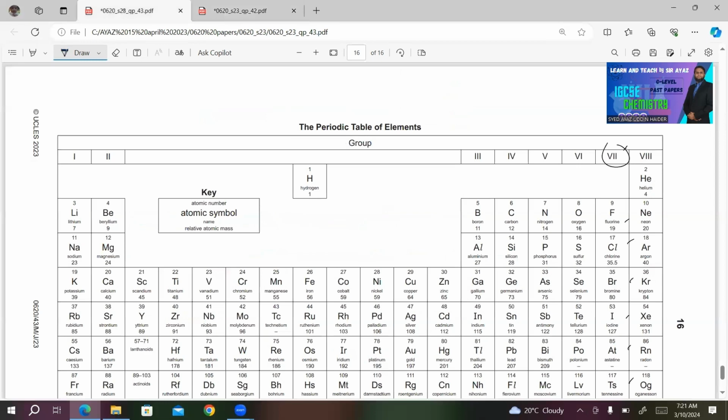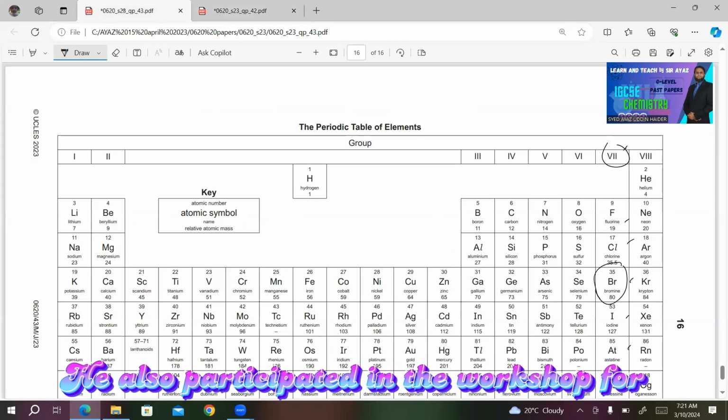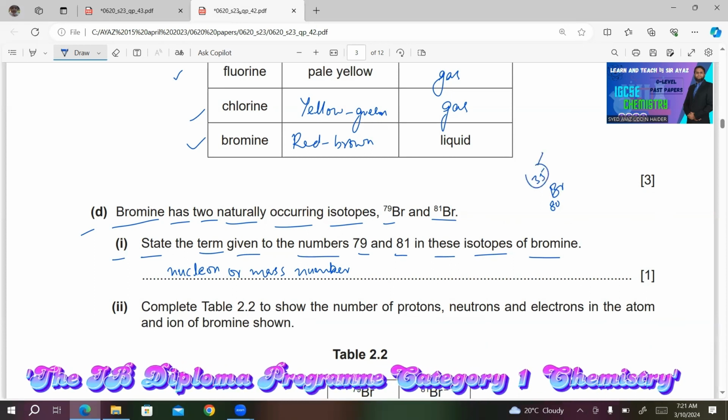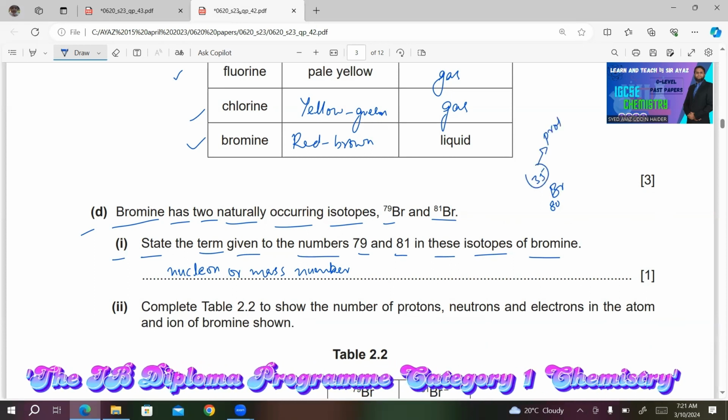If you look at the periodic table, here you have bromine. You can see 80 and 35. The small number is the proton number. The big number is the nucleon number.